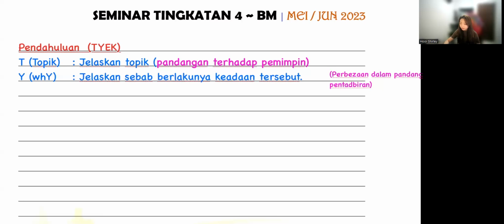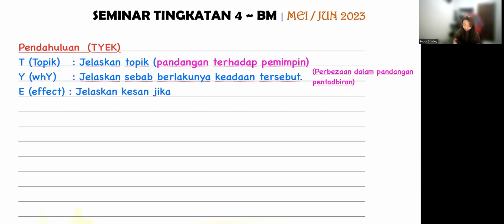Okay, then after TY, the next one is E. E means the effect. Effect means the kesan. So right now you can tell what is the kesan. Jelaskan kesan jika pemimpin negara disokong.